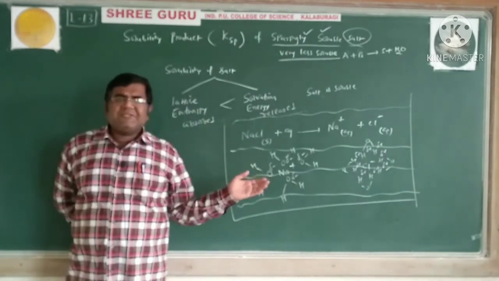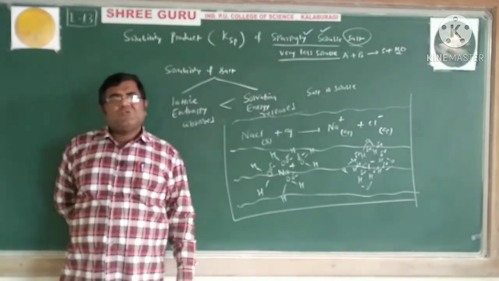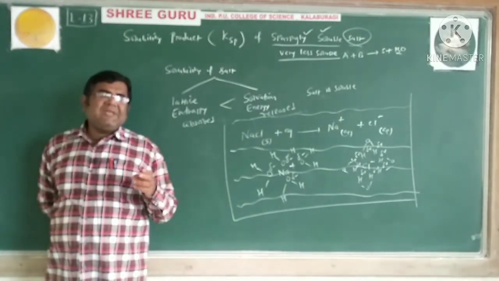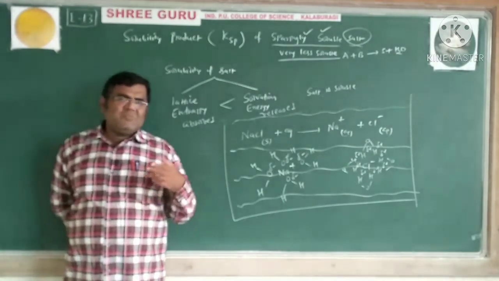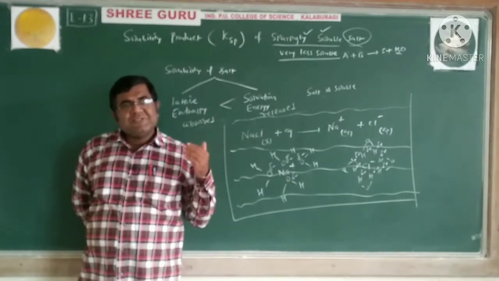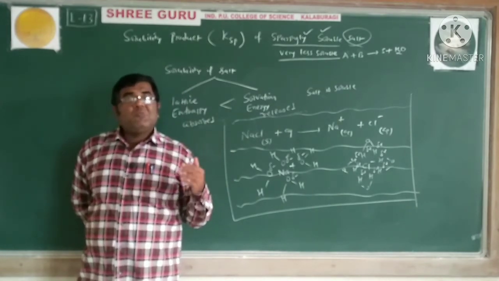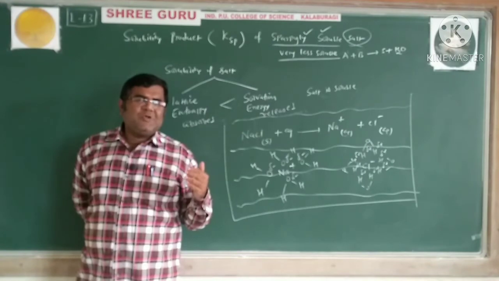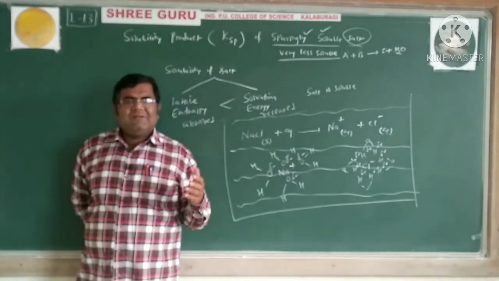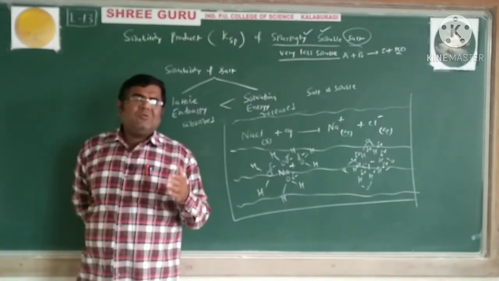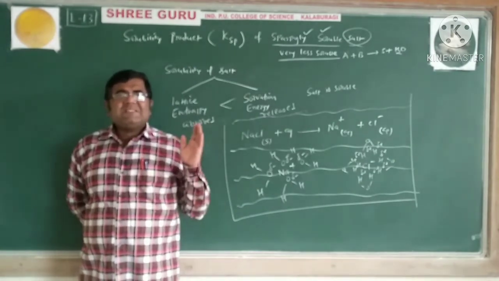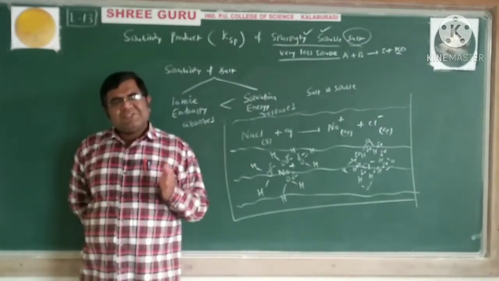So depending on that, we have classified salts into soluble, slightly soluble, and sparingly soluble. Soluble means they dissolve completely. Slightly soluble means their solubility is lower; the solution they form is less than 0.1 molar. And sparingly soluble means 0.01 molar, less than 0.1 molar. So those salts which have very, very low solubility, we call sparingly soluble salts.